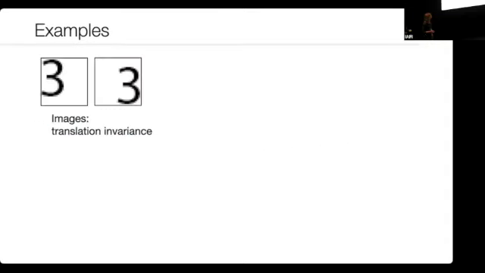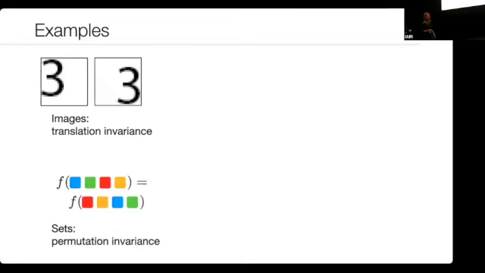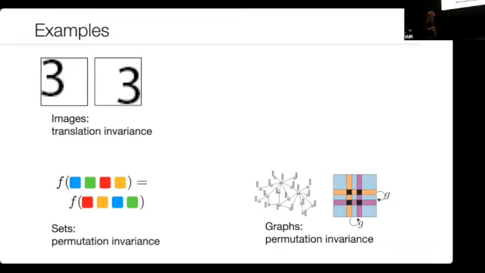Just to show you some examples, a simple example is translation invariance. Convolutional neural networks are translation invariant, meaning I have an object, I shift it around in my image, the meaning of the object doesn't change. Another invariance that we may care about is permutation. When I'm learning functions over sets, the order in which I'm giving the elements in the set doesn't matter, just what kinds of items are in the set. I'm going to talk about graph learning.